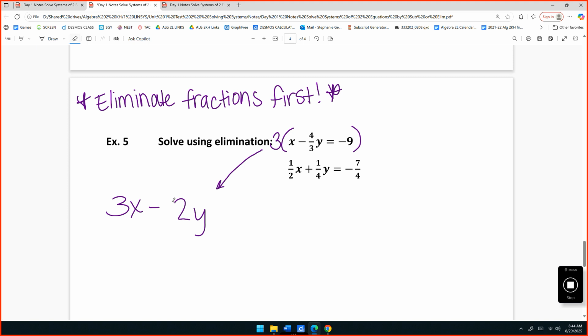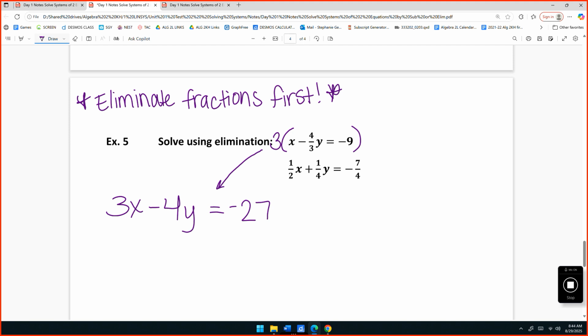Where am I getting 12? Sorry. It just knocks out the denominator, so it's minus 4y equals 3 times negative 9, which is negative 27. We all okay with that?